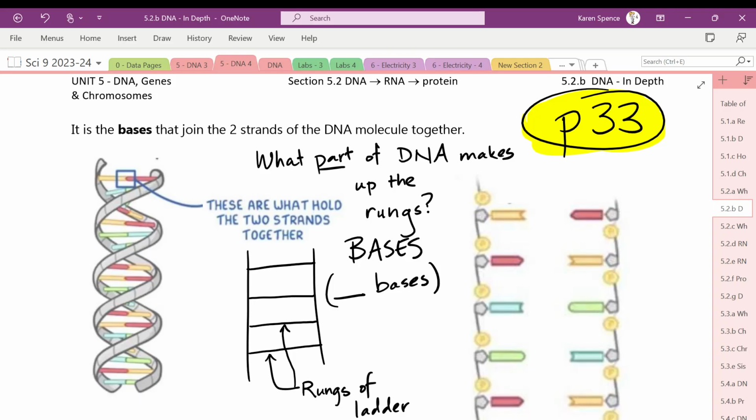How many bases? 4. And what are the letters? T, A, C, G. The order doesn't matter, okay? Thymine, adenine, cytosine, and guanine. All right, so the bases make up the rungs.